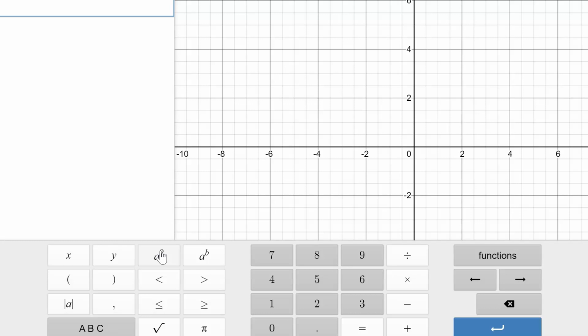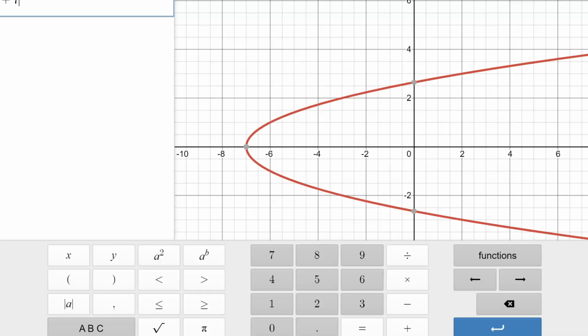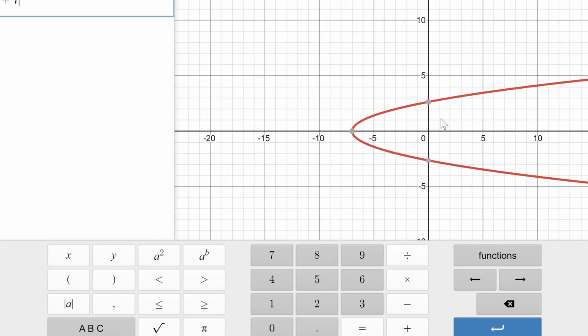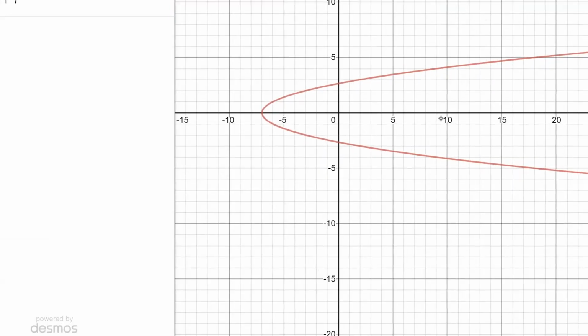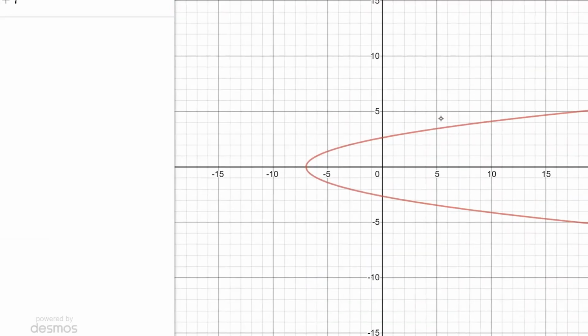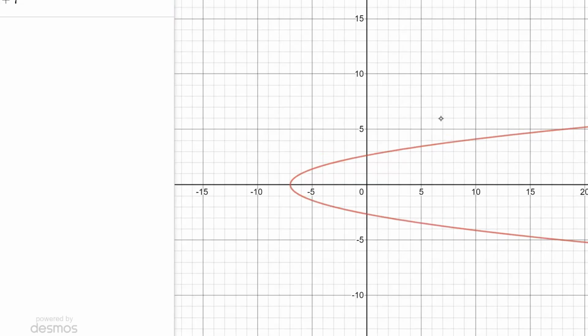So we can put the equation in, which is y squared equals x plus 7. And notice it's a U shape, but it is sideways. So notice that it does not pass the vertical line test. And that could be your vertical line. You can see right here that it doesn't pass the vertical line test, because it hits right here and it hits right here, right?